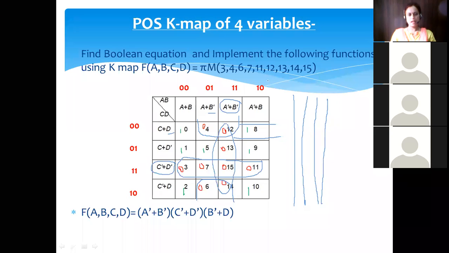Ma'am, make 5 lines. Why? Because there is one D also.